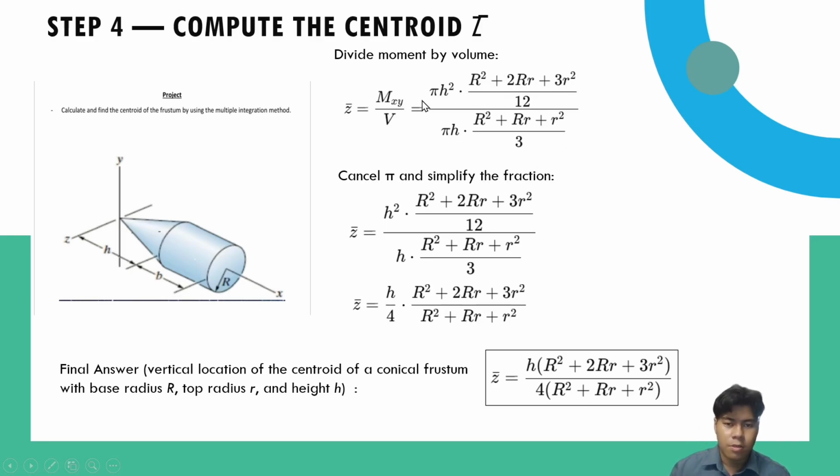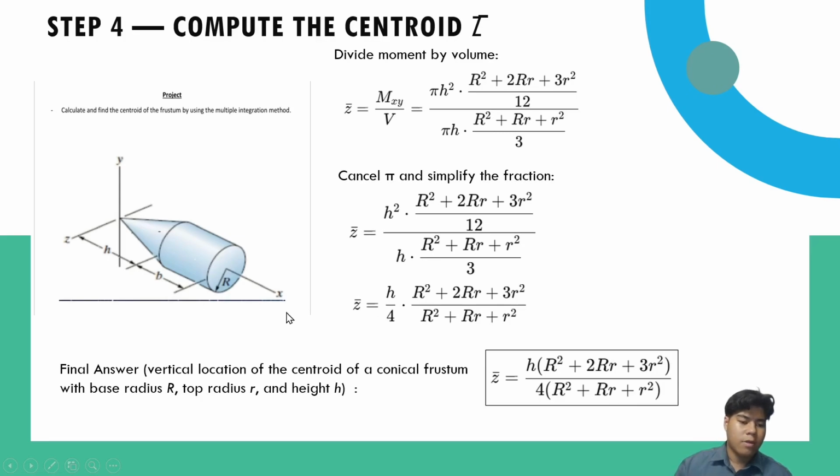So just substitute in. z bar equals Mxy over V equals this. We can cancel off the pi from the equation and simplify the fraction. So this is the outcome, and we can simplify more, and this will be the final answer.